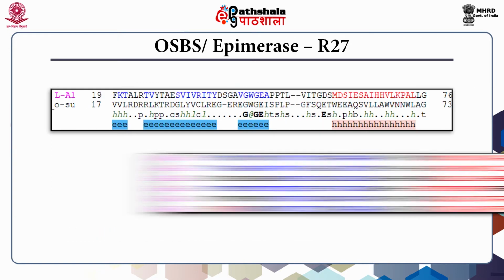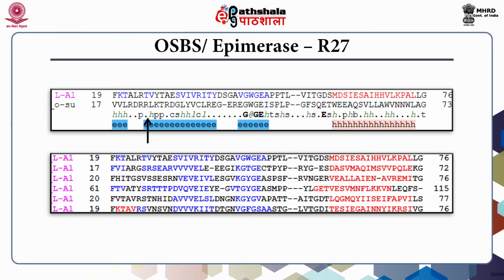It was clear from the 3D structure of OSBS that the conserved arginine at position 27 has several electrostatic interactions with the carbonyl groups of the main chain atoms of distantly placed serine 264, isoleucine 265, serine 46 and proline 47, for placing the catalytic residues in the correct 3D position to catalyze the synthase reaction of the OSBS.